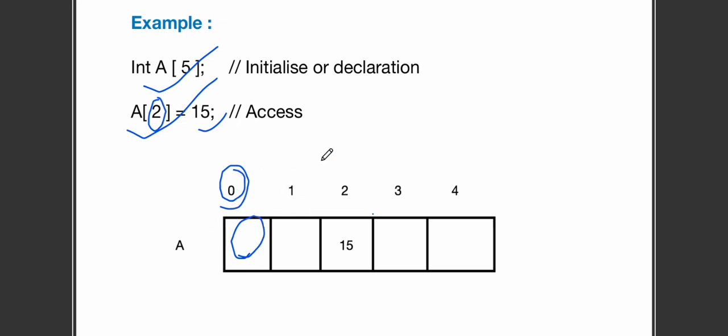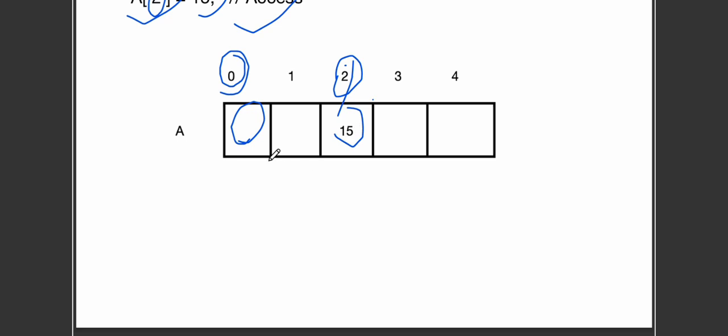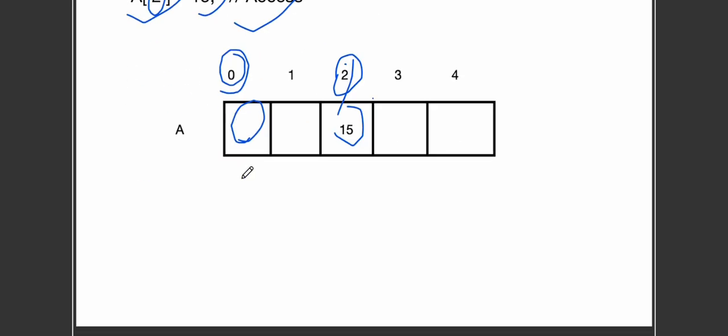And the second index value is 15, because we declared the element at index 2 as 15. So the array prints 15. So the output is 0 0 15 0 0.